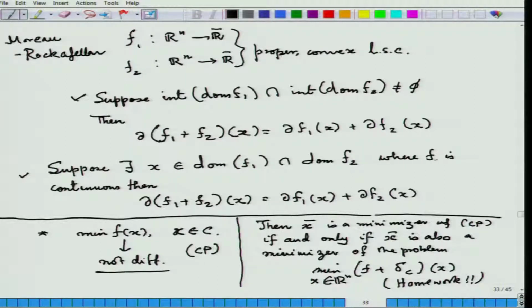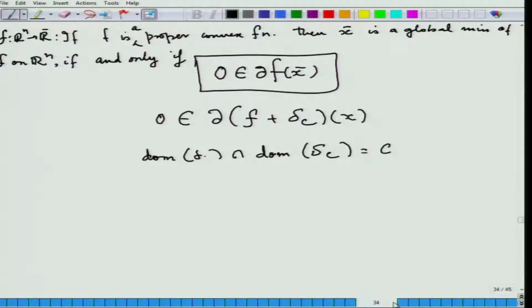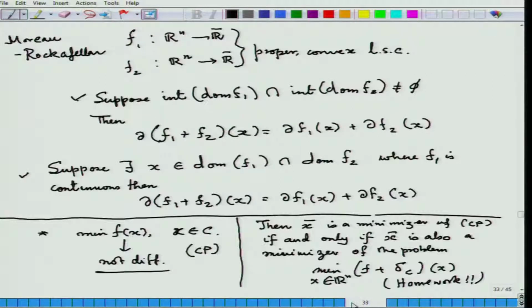This function f1 is continuous over the whole of R n, so it is naturally continuous over C. So, this condition is satisfied for this particular case.